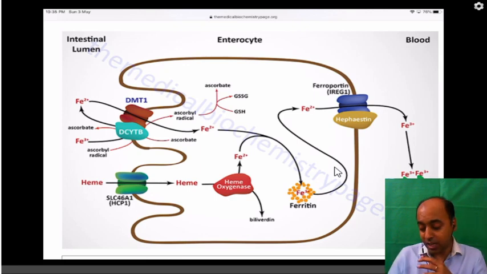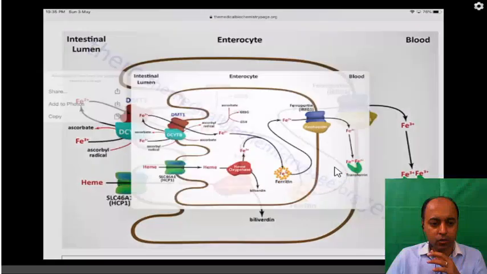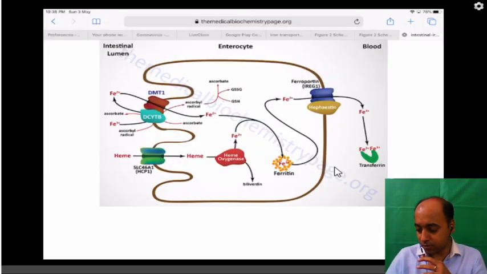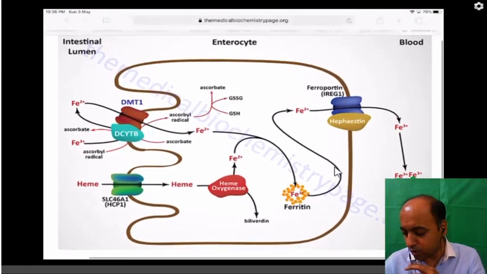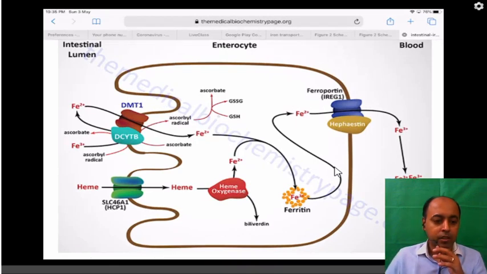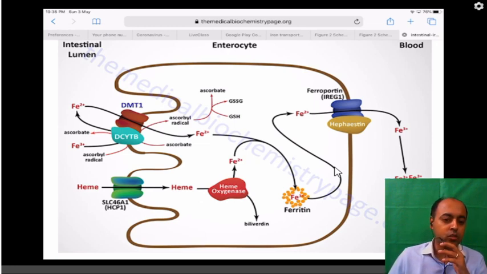And you can see we have separate transporters for the heme iron. At the lower part you can see we have the separate transporter for the heme iron, the SLC46A1, also known as HCP1. So the heme iron is transported separately. It goes into the enterocytes, and in the enterocytes it is then broken up.